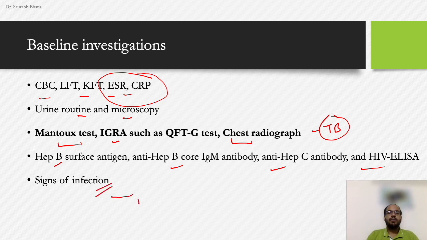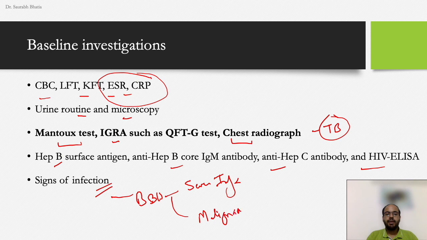Remember that there are only two black box warnings as of now for TNF-alpha inhibitors. One is severe infection. The other is malignancy. So rule out any other source of infection: chest radiograph, urine routine microscopy, TLC, and if you suspect infection of any particular organ, screen for that at least. Clear?